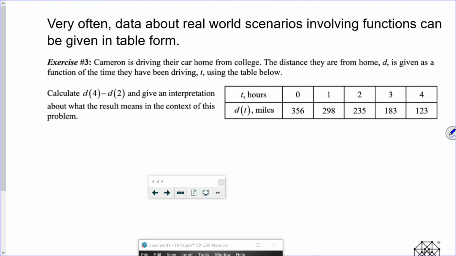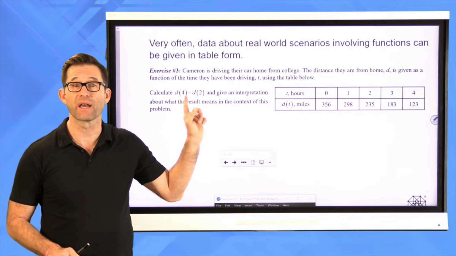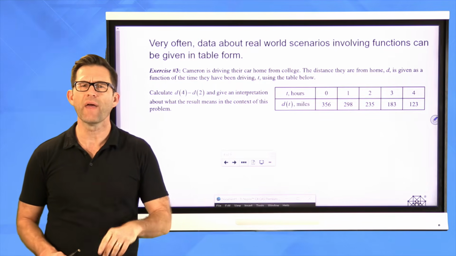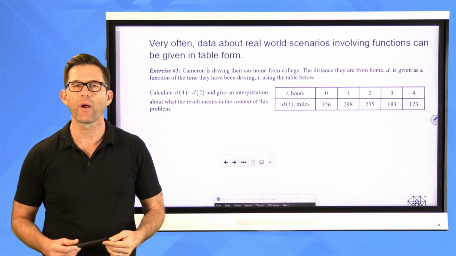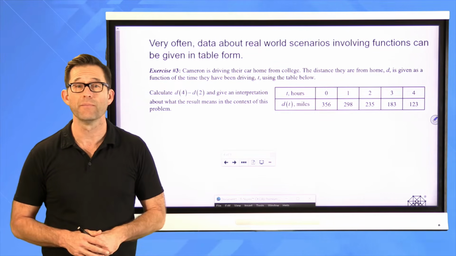The distance they are from home, d, is given as a function of time they have been driving, t, using the table below. Calculate d of 4 minus d of 2 and give an interpretation about what the result means in the context of this problem. Awesome. Well, we did a calculation like this in the first exercise. Why don't you go ahead and do that and then see if you can figure out what your answer means in the context of what's going on in this problem. Pause the video now.